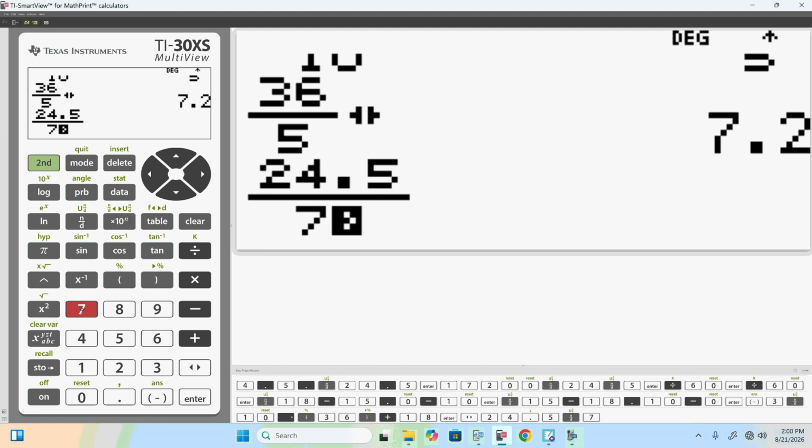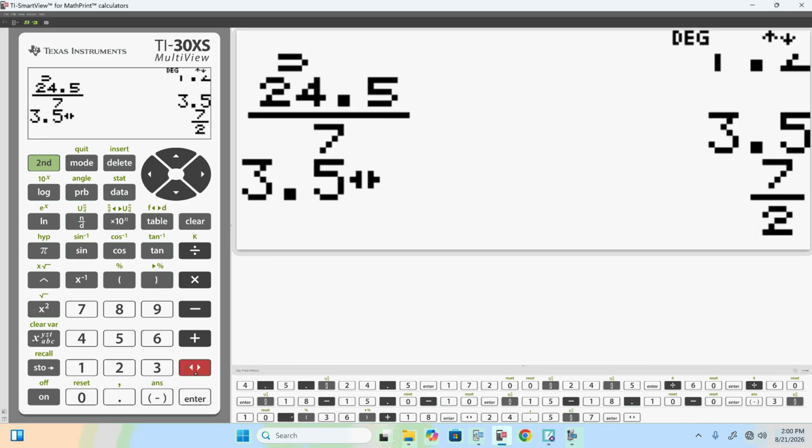So 24.5 over 7, we can say is 3.5, or 7 halves. At this point, it really doesn't matter which one we use. What do we want to do? Fraction or decimal? Decimal? Yeah, we can write it as a decimal.